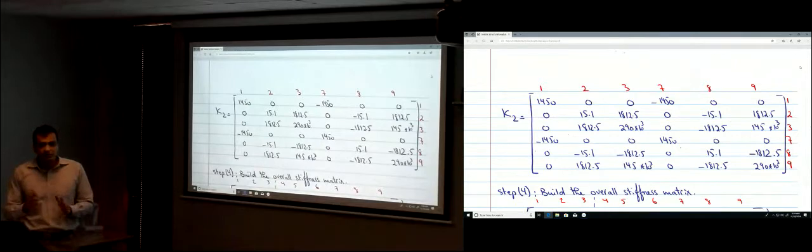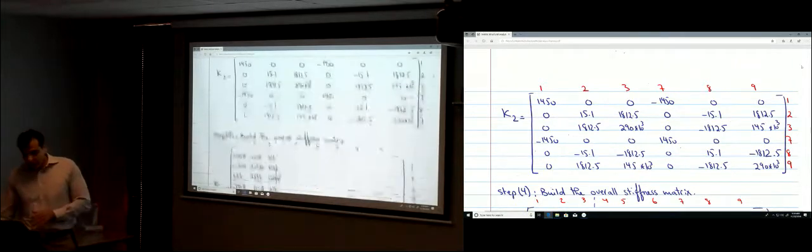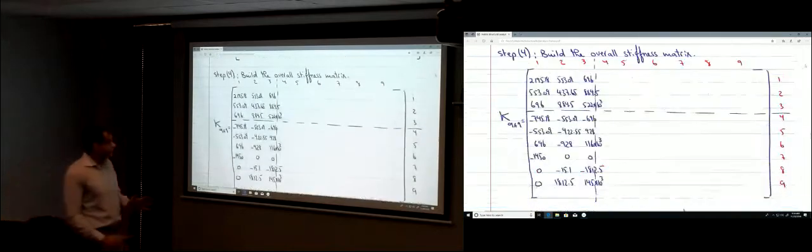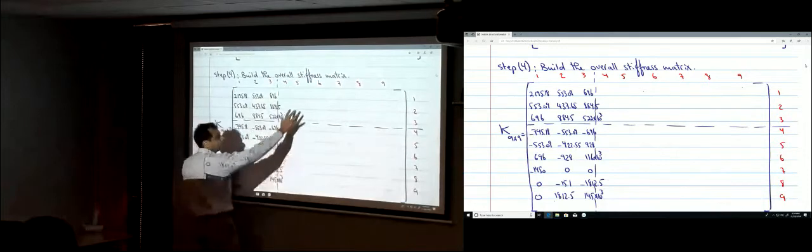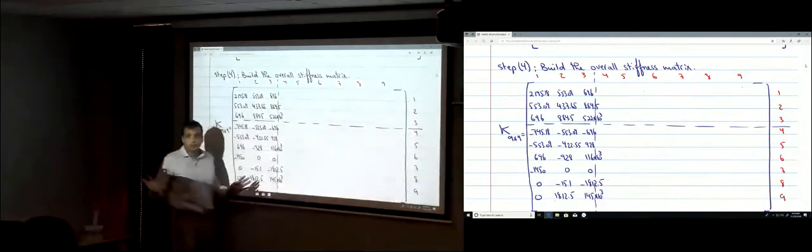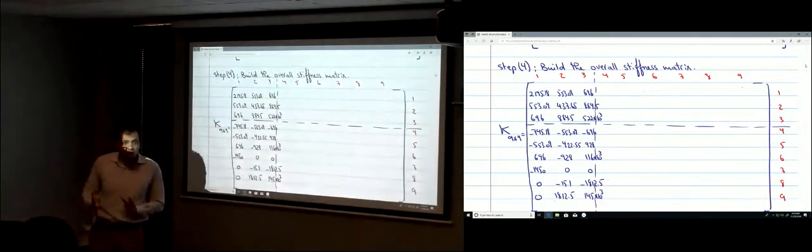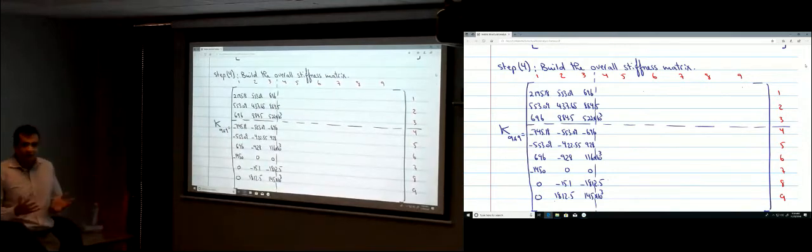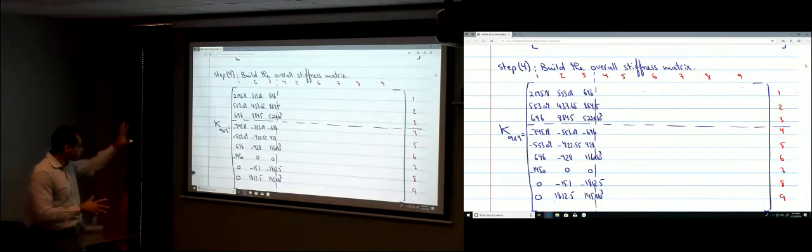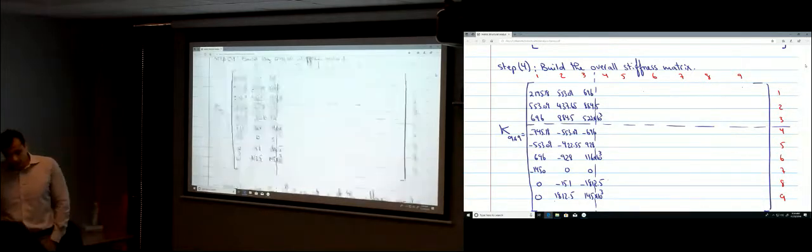We did it many times for the truss, so it's the same. You just map the members, the elements here. I just found those elements and those elements. I don't need what's here and what's here, so I didn't waste my time calculating those. You too, you don't need to waste your time on the test calculating each and every element in the stiffness matrix, just what you need over here.